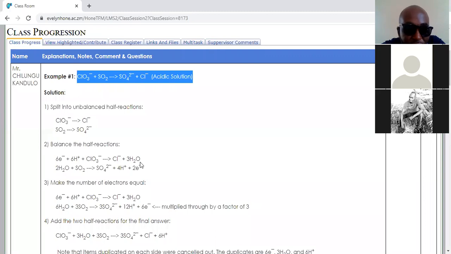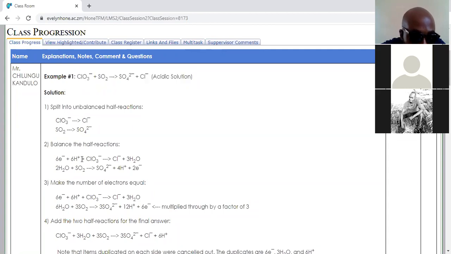When you add this 3 H2O, you balance the hydrogen from the water. There's 3 times 2, which is 6.